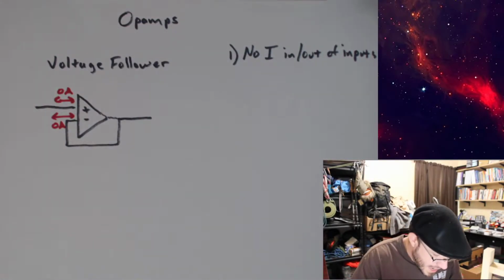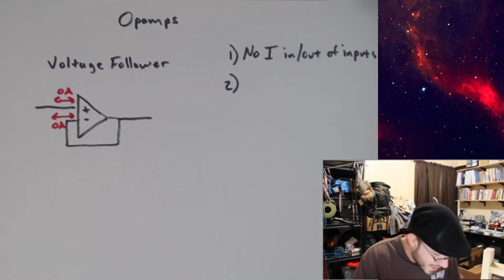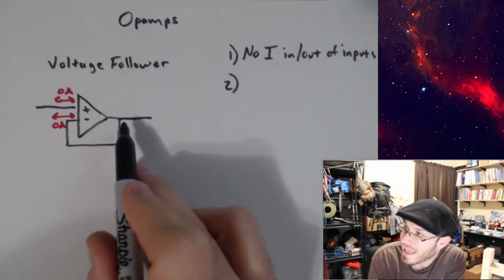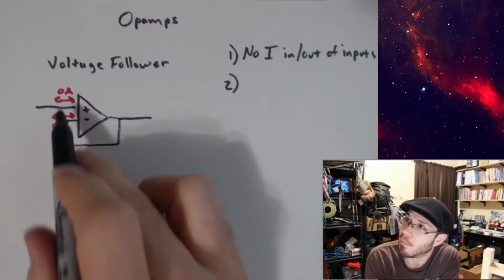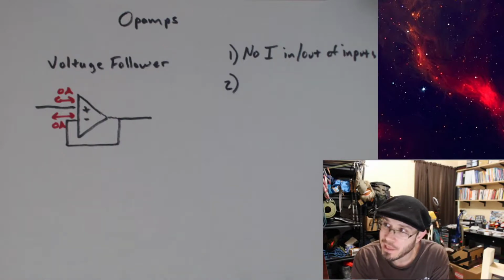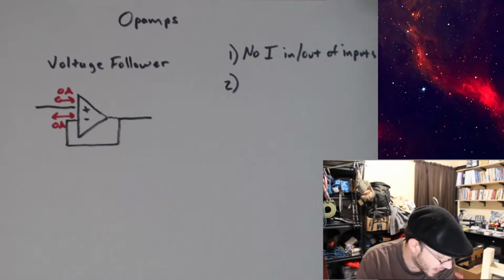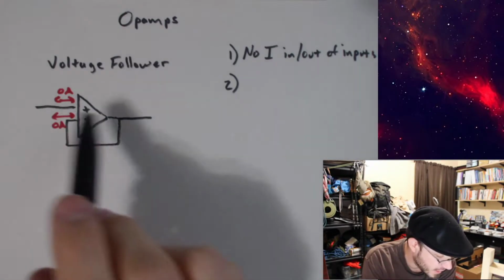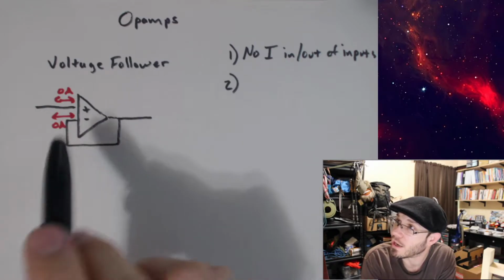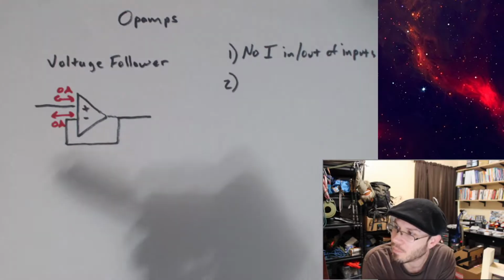And the second rule was that the op amp will do whatever it has to in order to make both inputs equal to each other. However, that's only applicable in the case of a closed loop configuration, which this voltage follower is. In fact, this is the simplest example of having this feedback, where an output is connected back to an input.